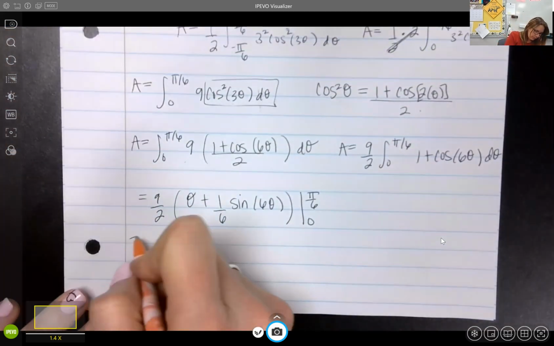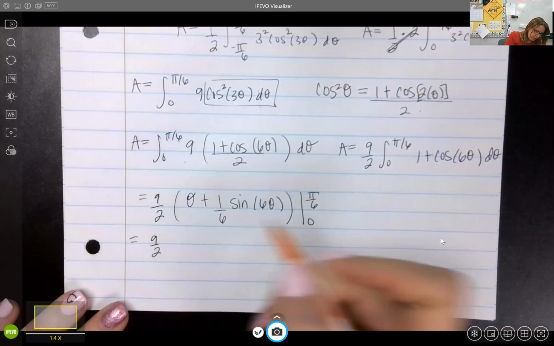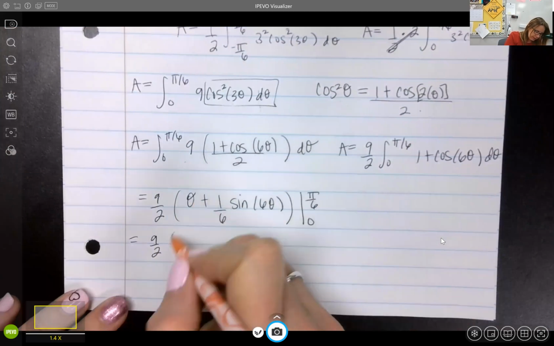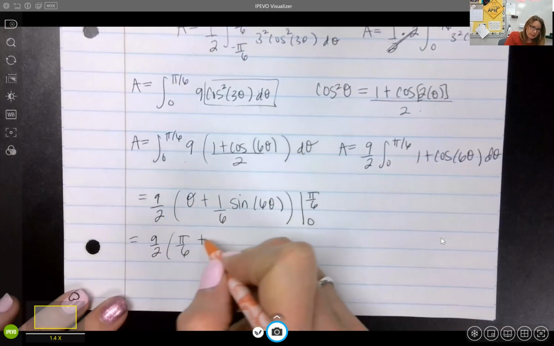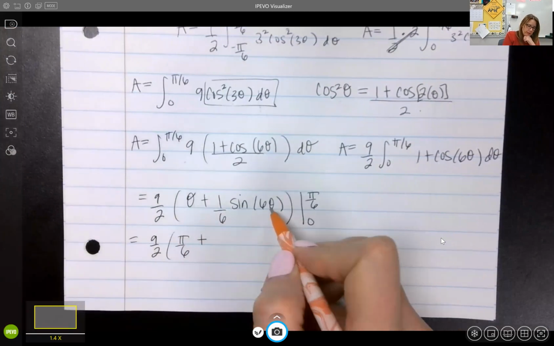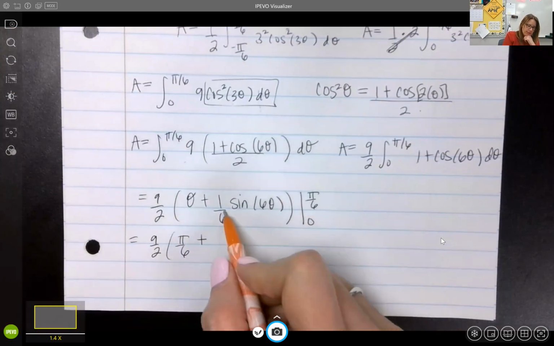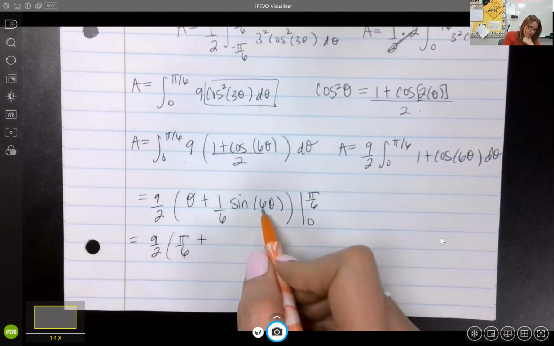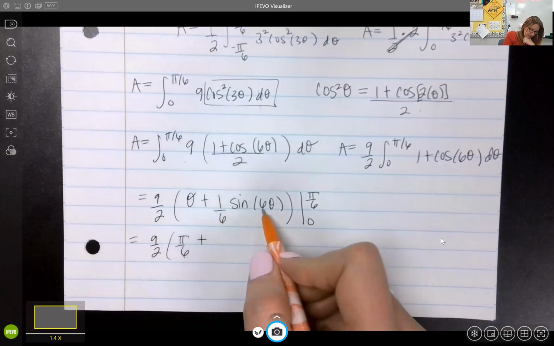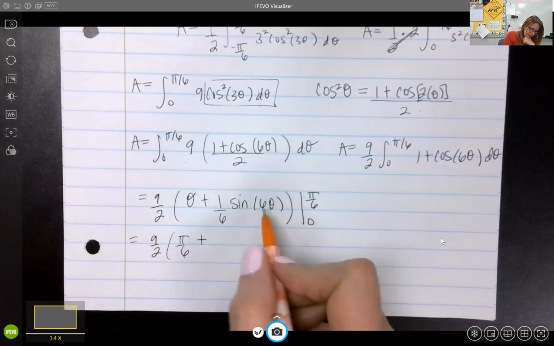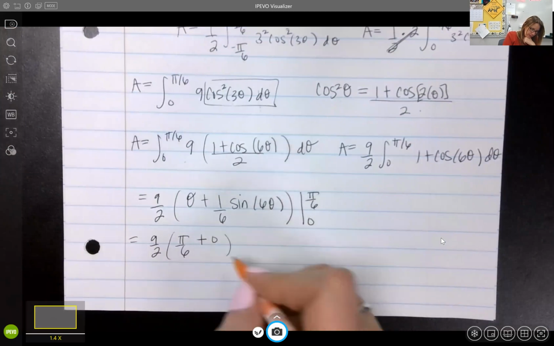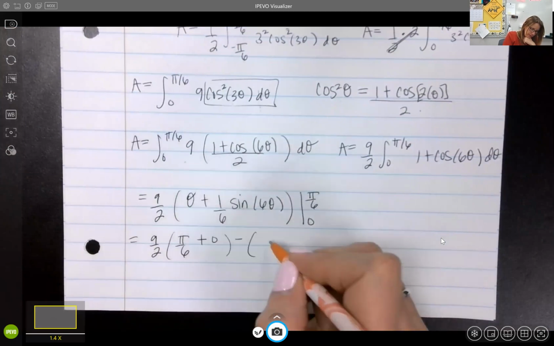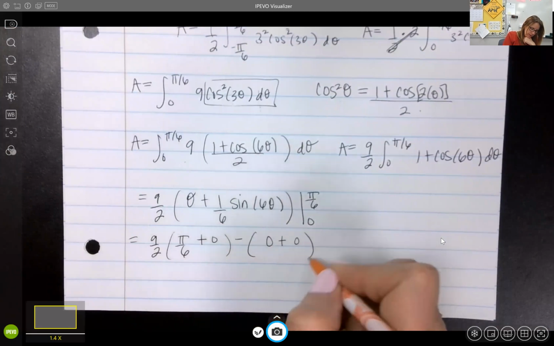Okay. Put a pi/6 right here, and a pi/6 right here. Then I'm doing the 1/6 times the sine of pi, which is 0. So this just becomes 0. So when I plug pi/6 in, I get 0. And when I plug 0 in, we also get 0.